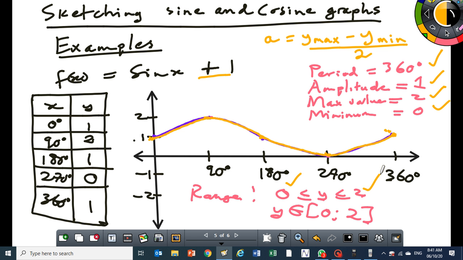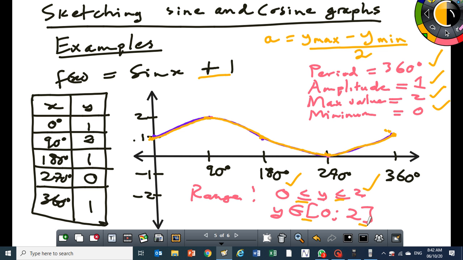Now for trigonometric graphs, both the lower limit and the upper limit are included. For sine and cosine, when you write the range, the lower limit and the upper limit are included. That's why you have to put equal signs here, and that's why you have to put square brackets. Therefore, you use your inequality sign with an equal sign.